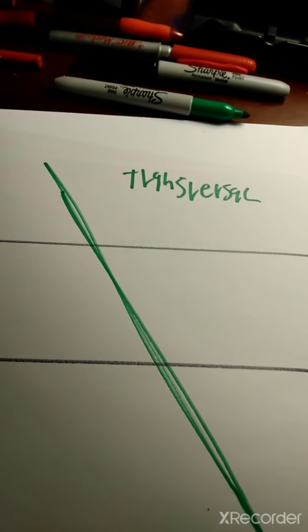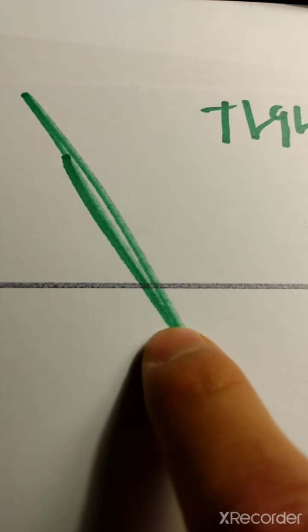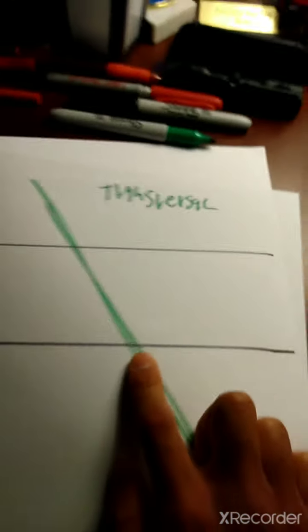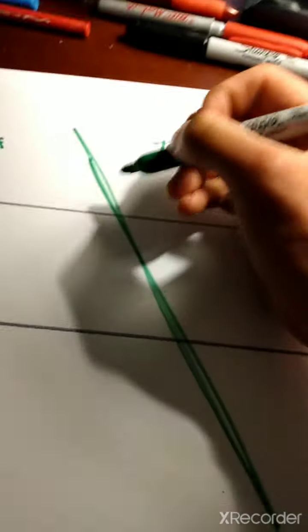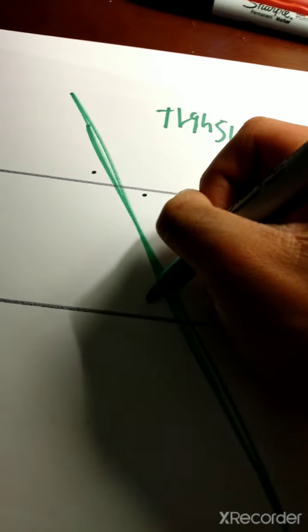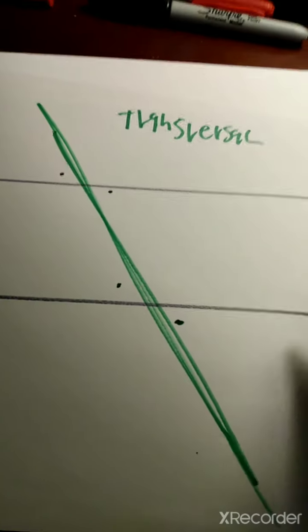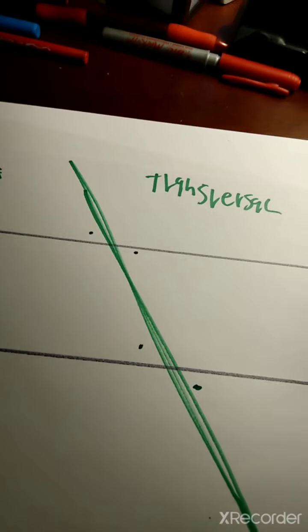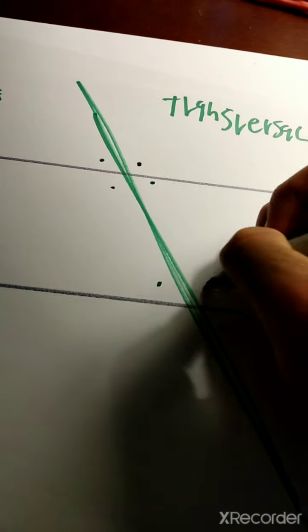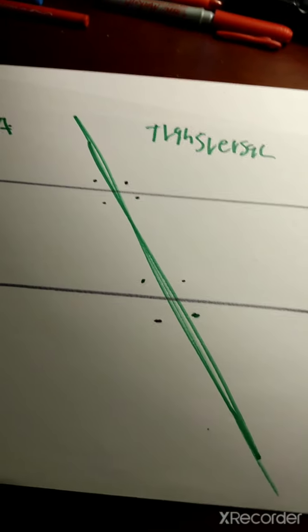For example, here's a vertical angle here, and another vertical angle here. Here's something weird. This angle is going to be equal to this one, and this one. And the other angle, this, is going to be equal to that, and that.